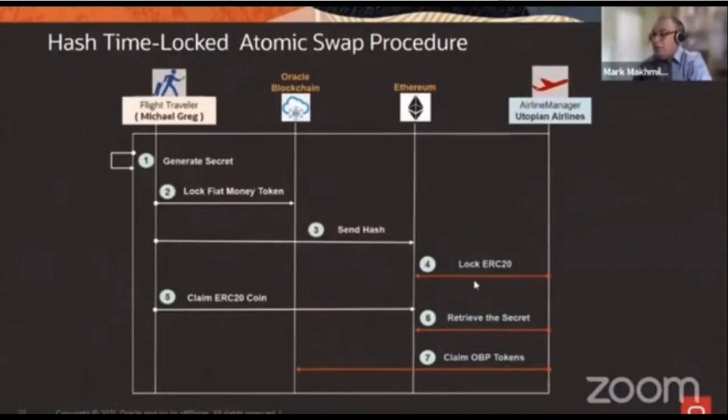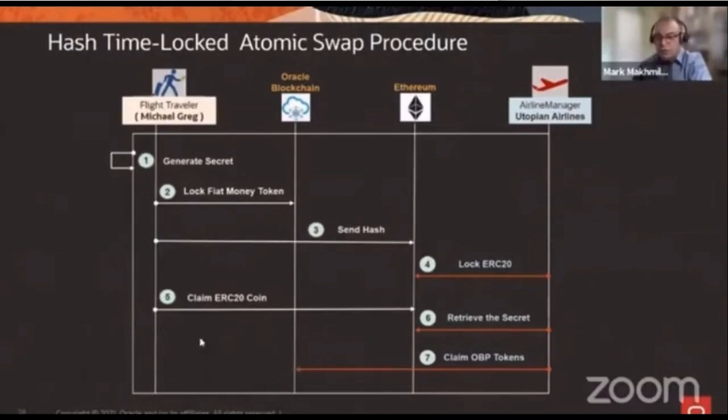The airline will lock the ERC20 on Ethereum, and then when the traveler claims it in step 5, they're going to provide that secret in order to unlock the escrow. At that point, they have in their account on Ethereum some amount of coins. The airline manager can retrieve that secret, and then using that, they can claim the tokens on the OBP network.